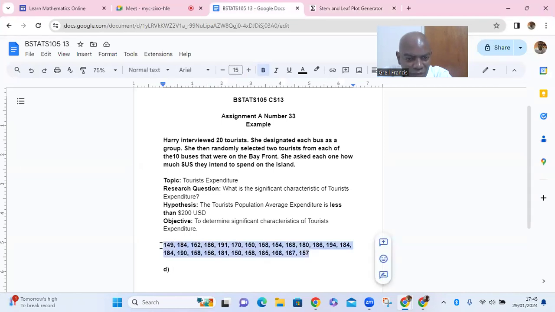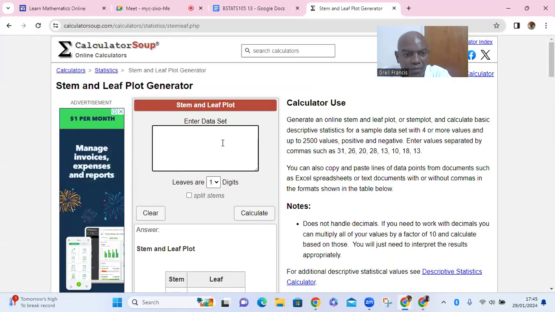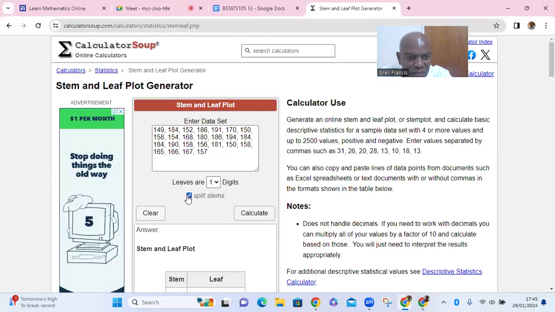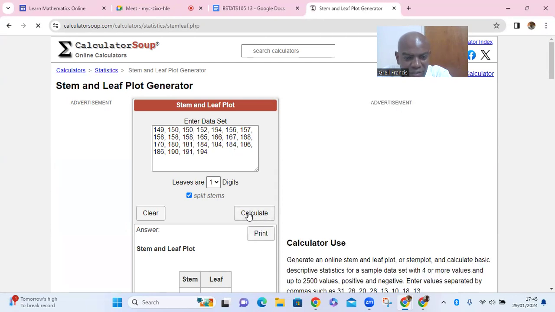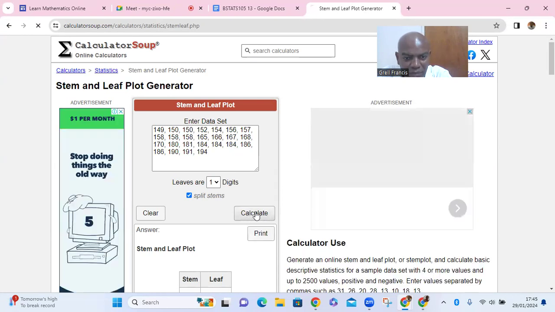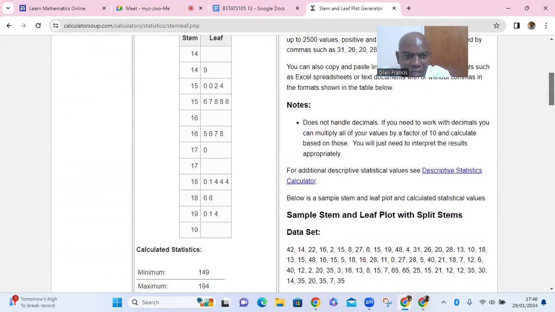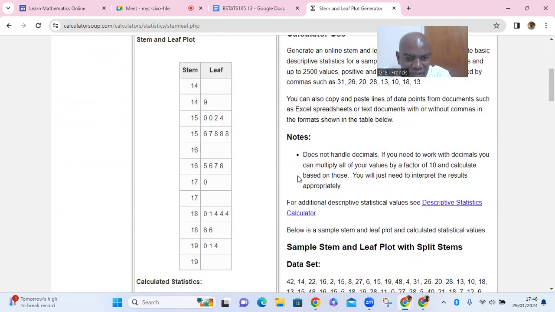These values are from the example. And the leaves are 1 digit. So the leaves will be the third digit. The first 2 digits will be the stem. And I just click calculate. And here, the calculator has generated my stem and leaf.